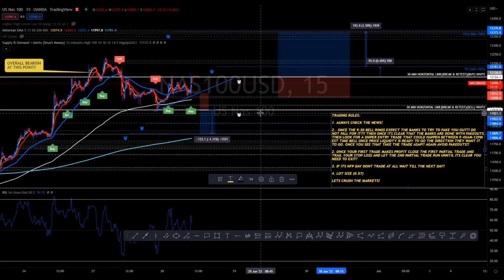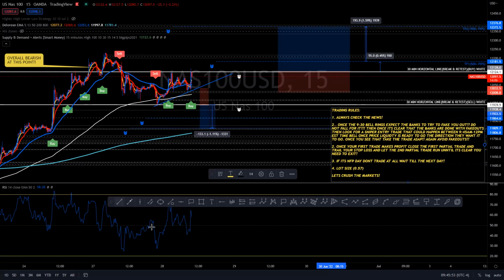We'll see what they want to do. See, it's above the 50 EMA. It looks like it might be rejecting the EMAs. Pushing down. We'll see in a minute here.